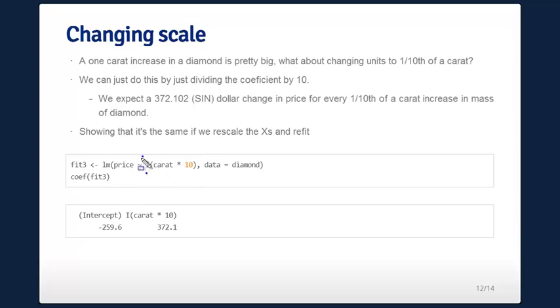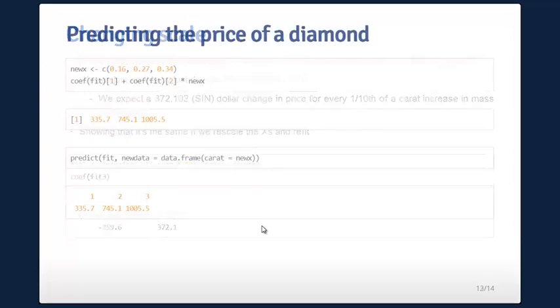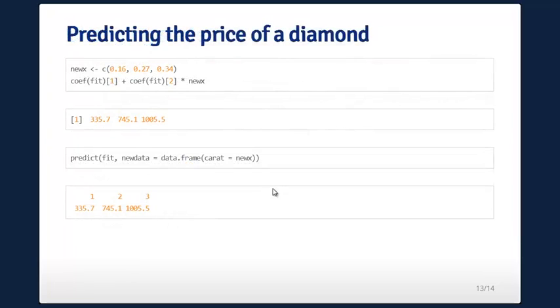Now, instead of putting carat in the model, I put in carat times 10, right? And you get the coefficient appropriately divided by 10. Okay, so now let's predict the price of a diamond. Let's suppose you would fit this relationship.